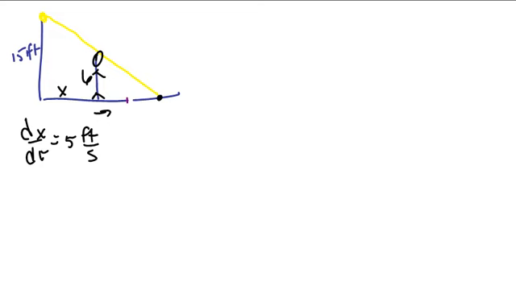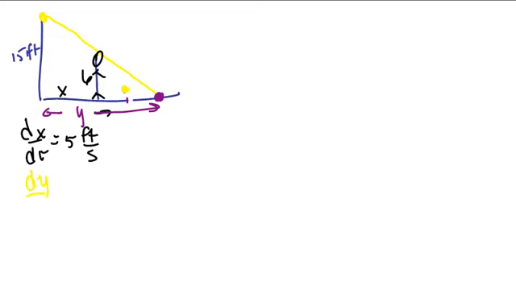And the reason I'm going to label this as my y here, all the way to here, is because I want to measure how fast the top of his shadow is changing with respect to something that's not changing, the lamppost. If I label this other thing right here, I'm going to measure how fast it's changing with respect to the guy, and he's moving too. So I want to measure it against something that's fixed.